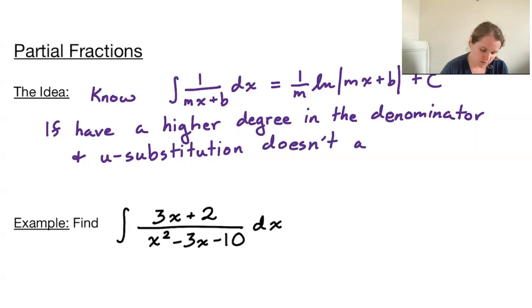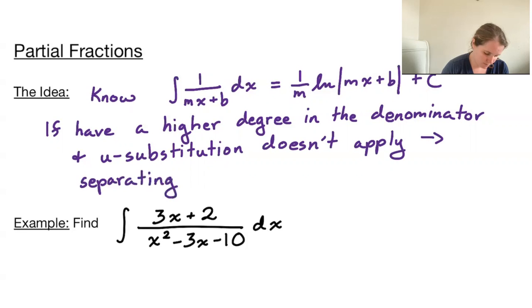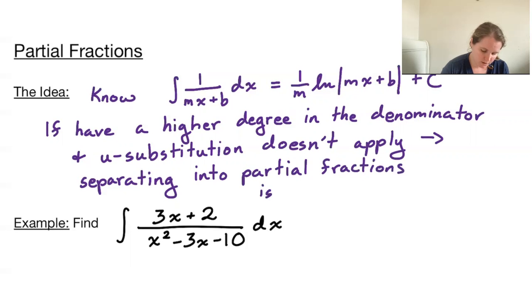So if U substitution doesn't apply, then separating out in partial fractions is useful. So I'm just going to do an example of this instead of trying to explain the strategy first.